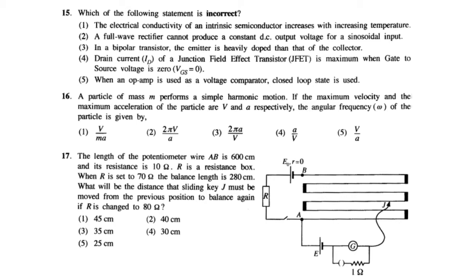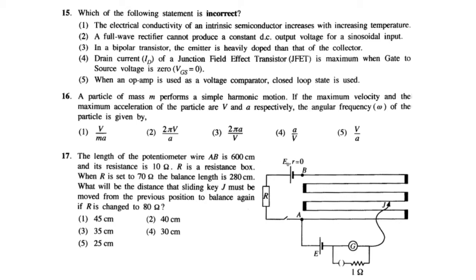The output voltage produced by the full wave rectifier has maximum values and minimum values. To produce a constant DC output voltage, a smoothing capacitor must be connected parallel to the output. Answer 2 is correct.